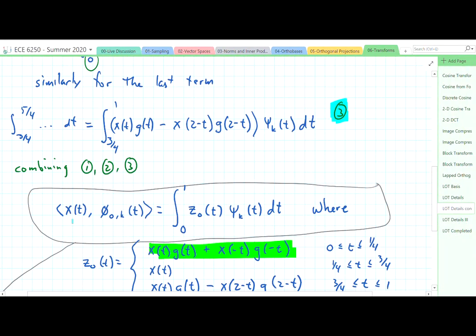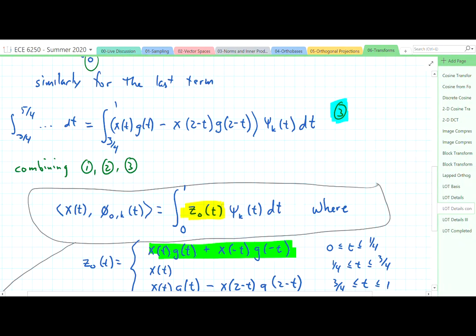When we combine all of those, we're going to get that x of t projected onto phi 0, comma k of t is equal to the integral from 0 to 1. And now we have just this function z.